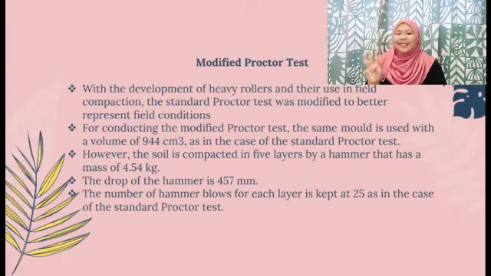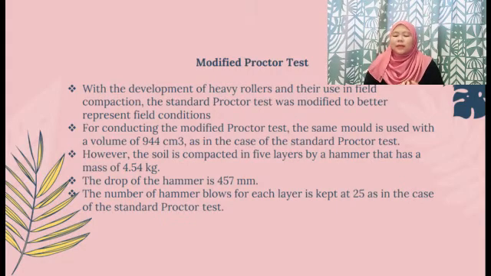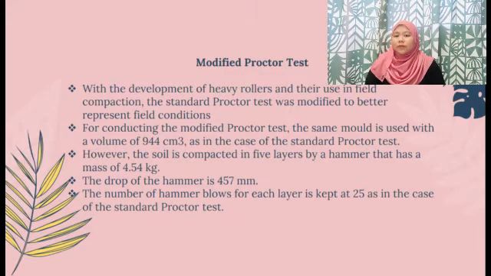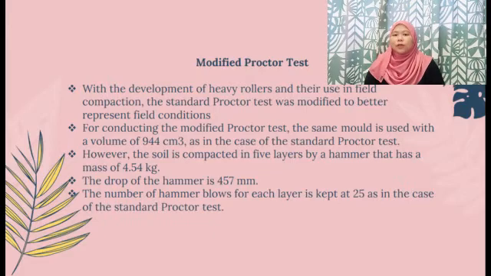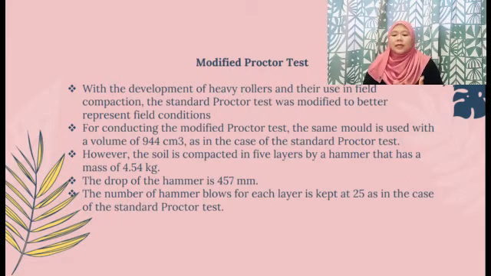Modified Proctor test. With the development of heavy rollers and their use in field compaction, the standard Proctor test was modified to better represent field conditions. For conducting the modified Proctor test, the same mold is used with a volume of 944 cm³ as in the case of the standard Proctor test.